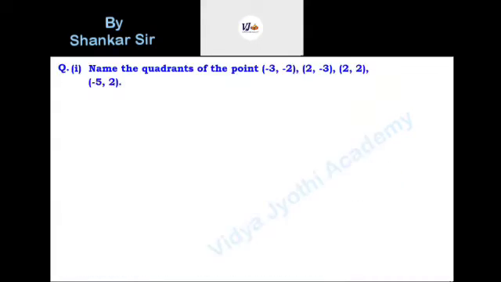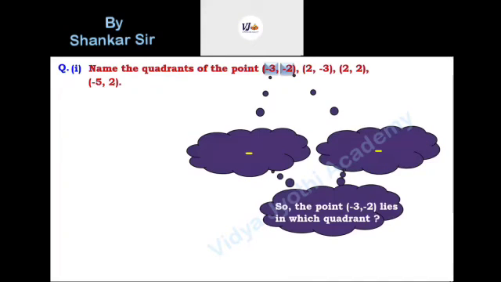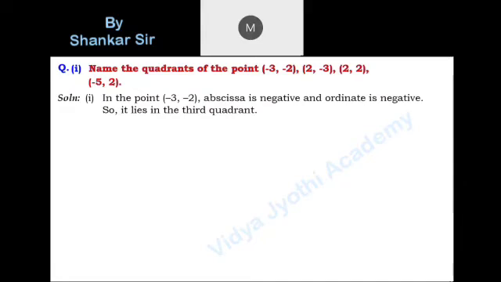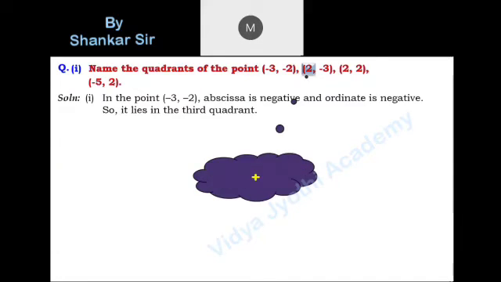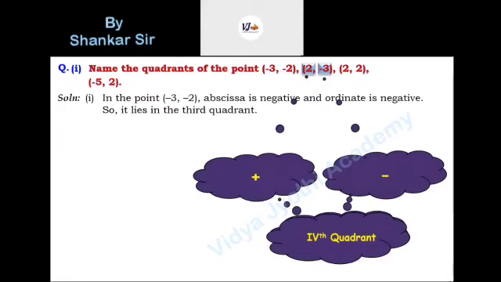Okay. Now we'll have some examples. Name the quadrants of the point. First one. In which quadrant does this point lie? Third quadrant. Right. Second point. Fourth quadrant.